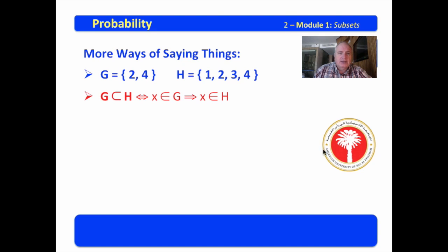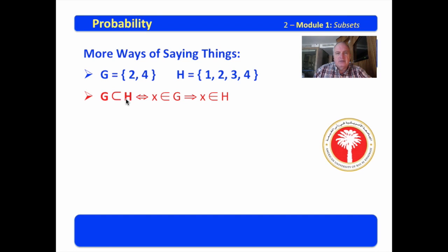More ways of saying things. Isn't this impressive? This reads that G is a subset of H if and only if. The if and only if symbol means that if this is true, this is also true, and it means that if this is true, then it goes back the other way, that that is true.